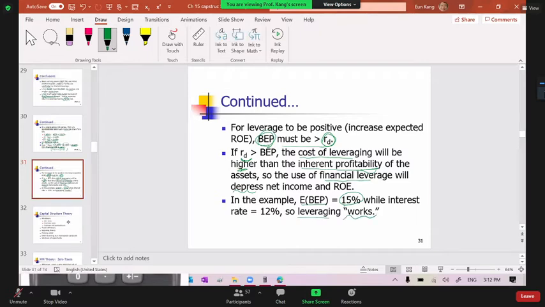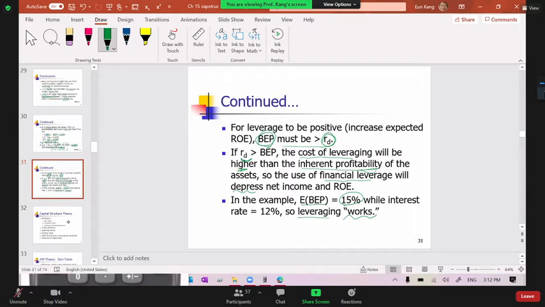Your return is 15%, but the interest rate is only 12%. So as long as we can generate a higher return than the cost of debt, borrowing is really good. Borrowing will amplify your return.